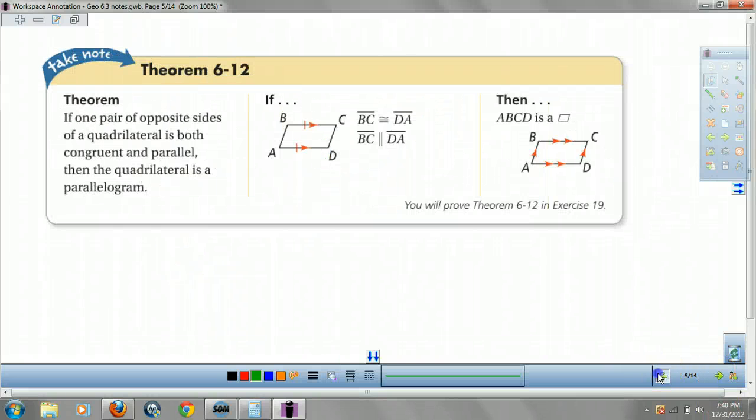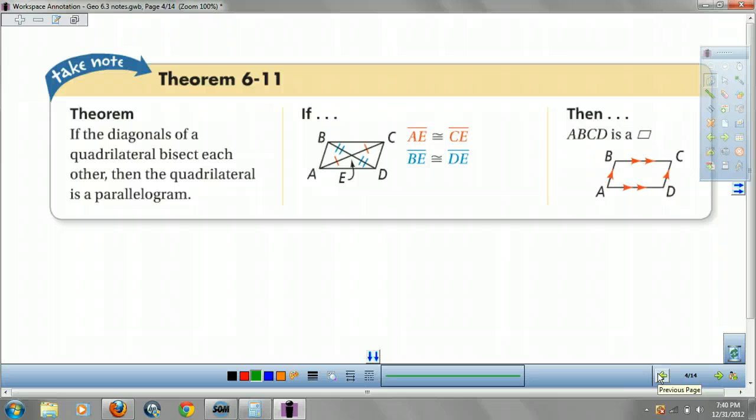Oh, too far. Remember before when we talked about the diagonals? We said if it's a parallelogram, then the diagonals bisect each other. This is saying the opposite. If diagonals bisect each other, then it's a parallelogram.